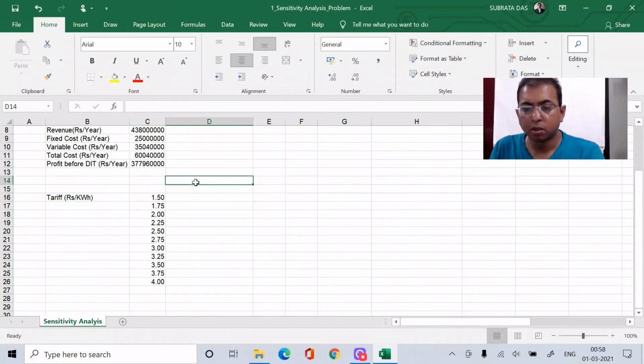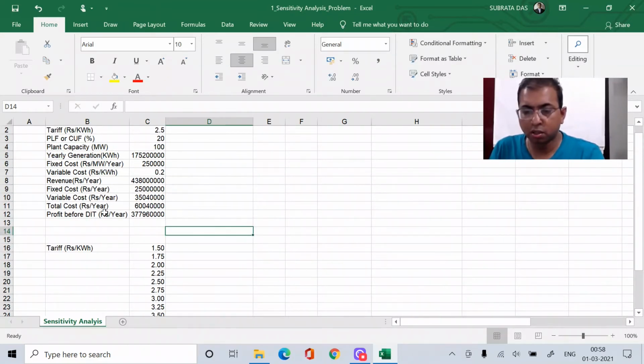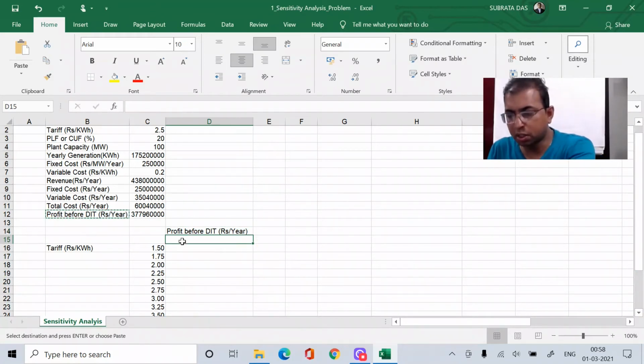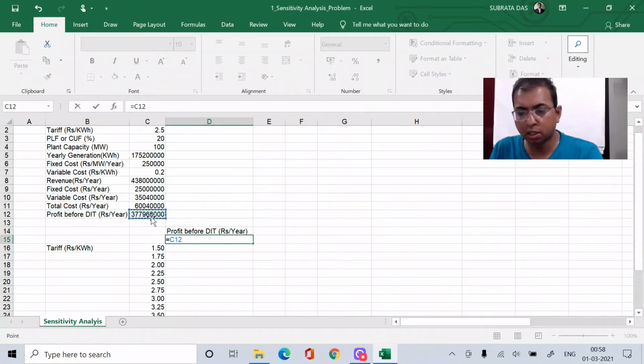And I want to calculate profit for each of these tariffs. So for that I will put this formula connectivity here.